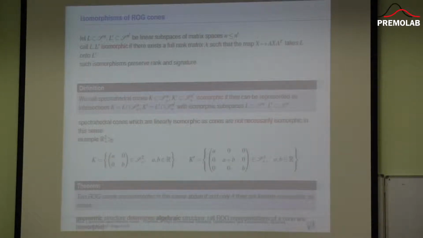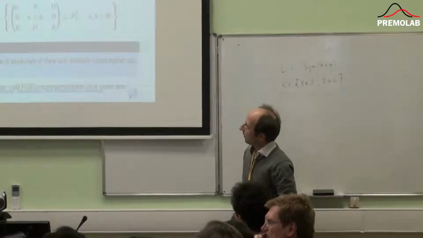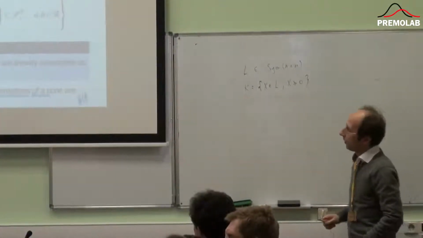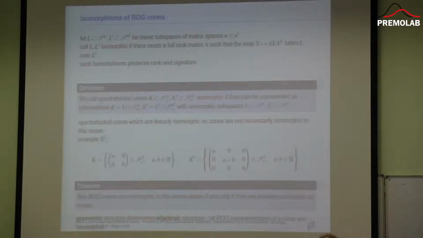If we take the orthant in R2, we can represent it in different ways as the intersection of the cone of positive semi-definite matrices with a linear subspace. So we can take, for instance, the cone of 2 times 2 positive semi-definite matrices intersected with the diagonal matrices, and then we get the orthant. Or we can take the cone of 3 times 3 positive semi-definite matrices and intersect it with this subspace.